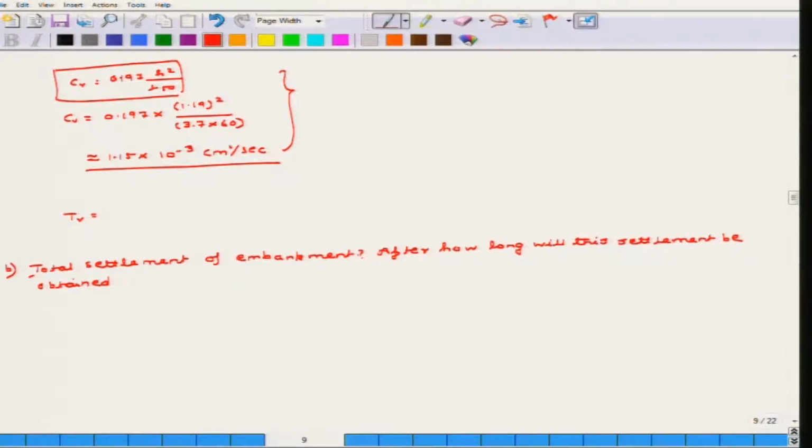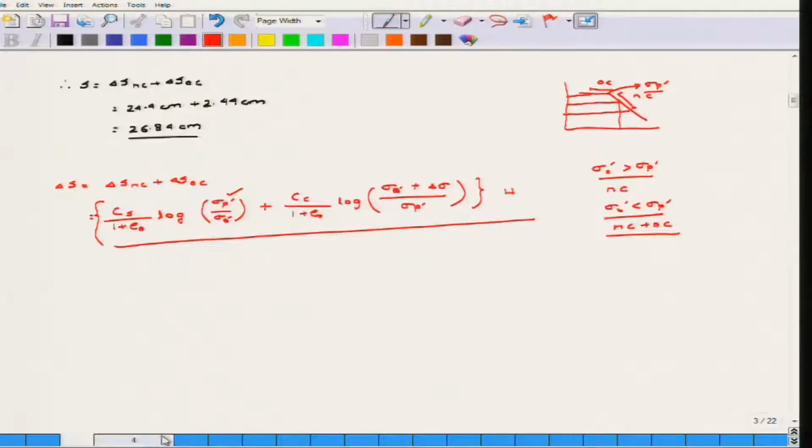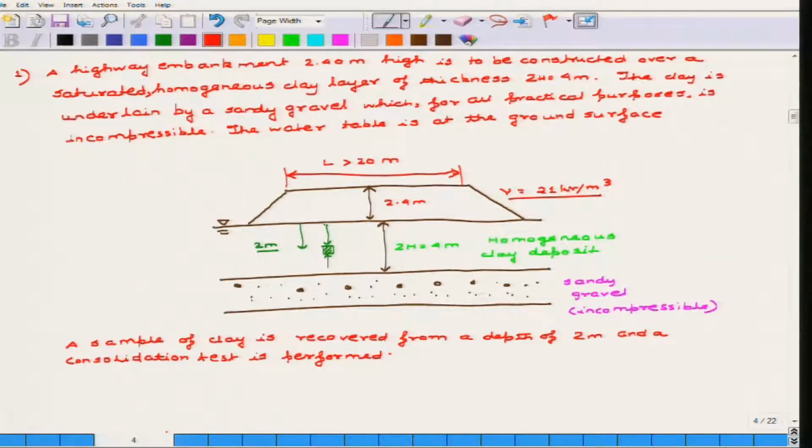Now in order to find out the total settlement of the embankment, we have already found out the value of CC, CV and all those factors. So now we are going to find out the total settlement of the embankment. The first thing that you have to consider is the thickness of the clay layer.